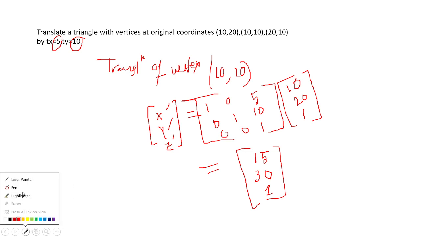Okay. So likewise, we need to solve for 10, 10 and 20, 10 also. So let us move to the next point, that is 10, 10.